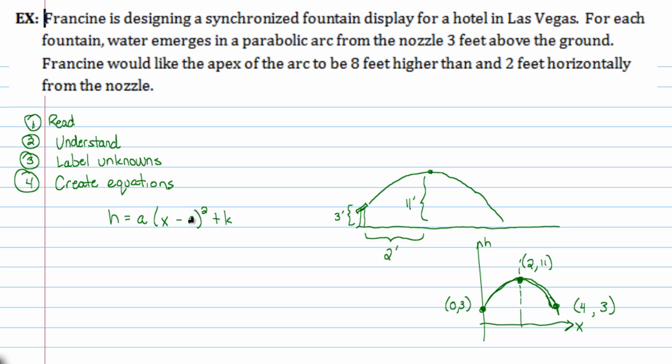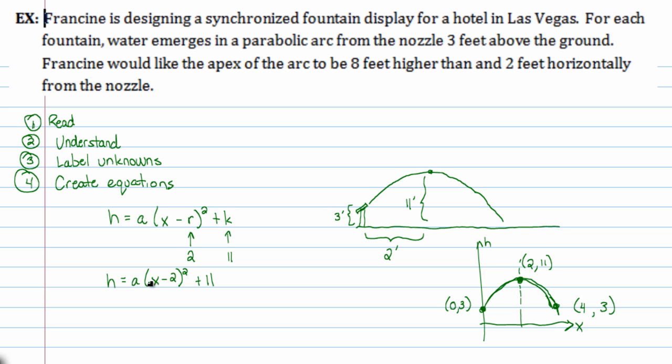The reason why I had to change up letters is because h is normally used for that center letter, but we're using h as our height variable. In this case, the input and output values for the vertex are 2 and 11. So I'll substitute those into our equation here. h is equal to a times the quantity x minus 2 squared plus 11.